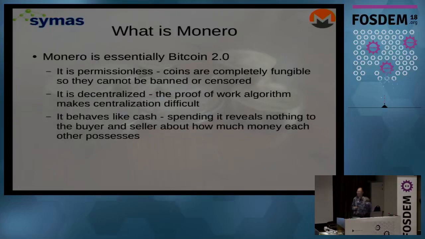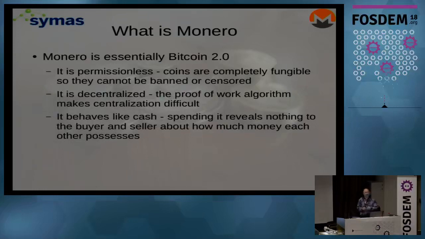The coins are completely fungible, which means they don't have a traceable history, so you cannot ban someone, you can't censor them, because you can't identify that they were used for any particular thing. It is highly decentralized. The proof of work algorithm, the mining algorithm, makes centralization very difficult.